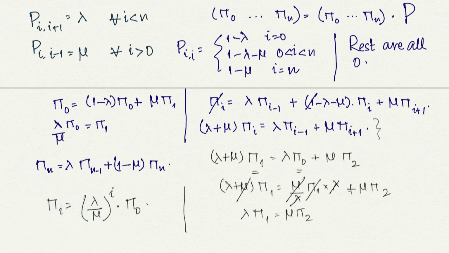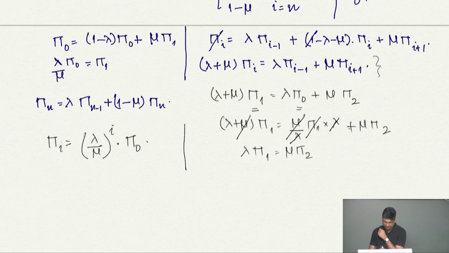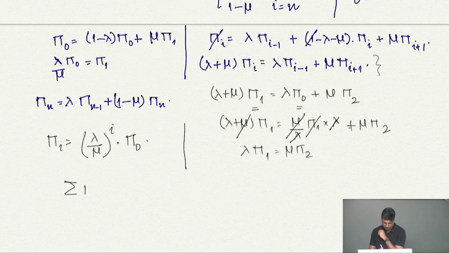These have a similar structure. So now what we also know is that the summation of pi i is equal to 1.